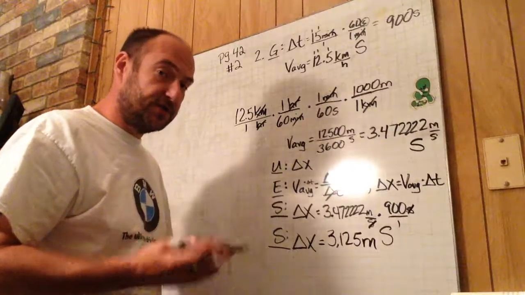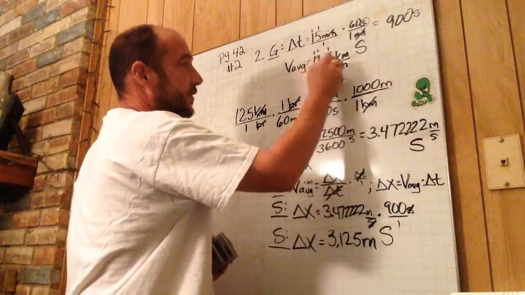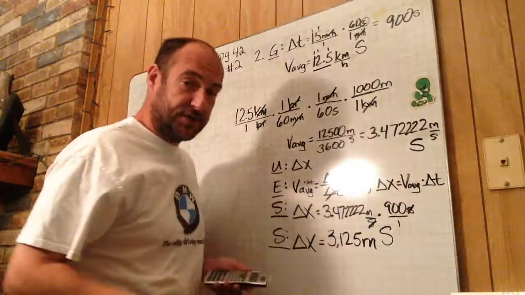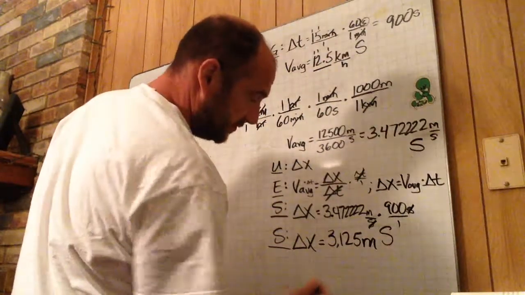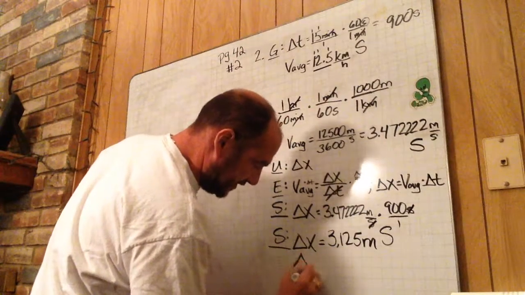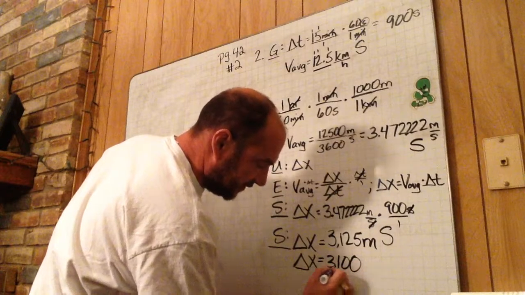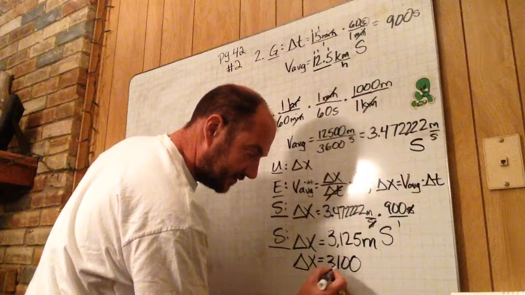Okay. Now, just like the last problem, 3,125 is too many significant values. We have 3 here, 2 here. Answer needs to be in 2. So, it needs to be 3,100. Delta X equals 3,100. Comma, my bad.